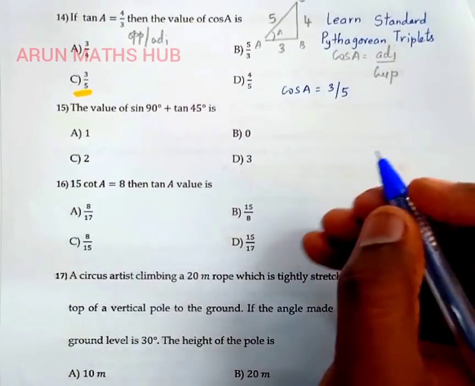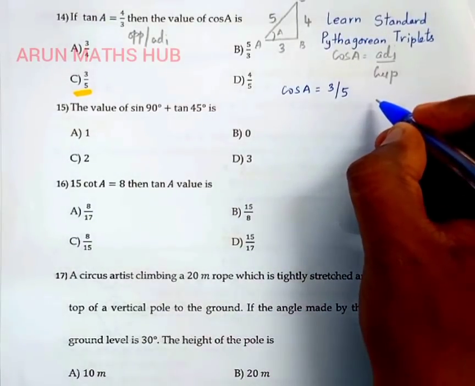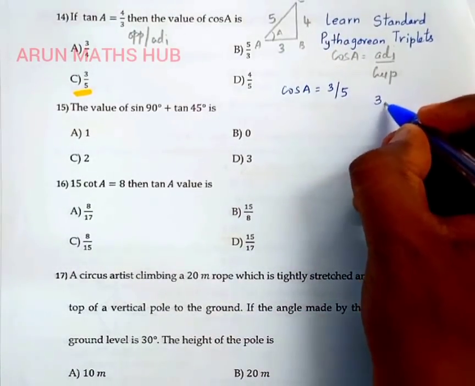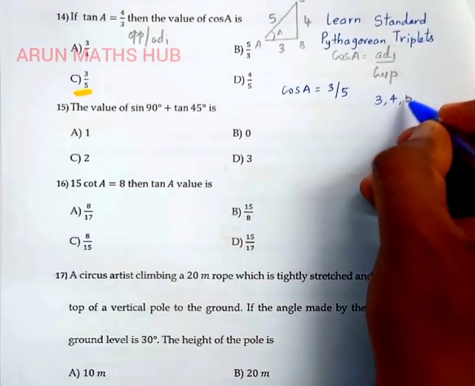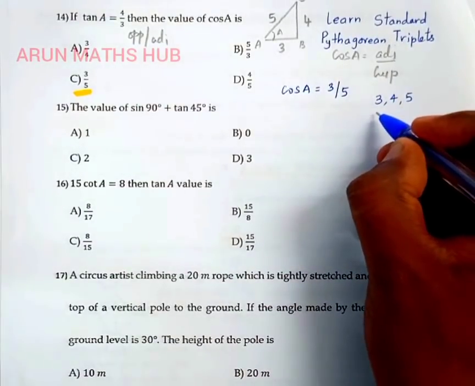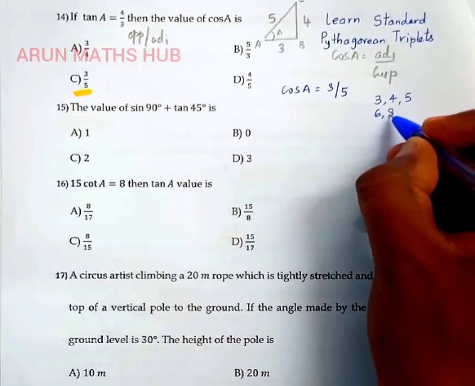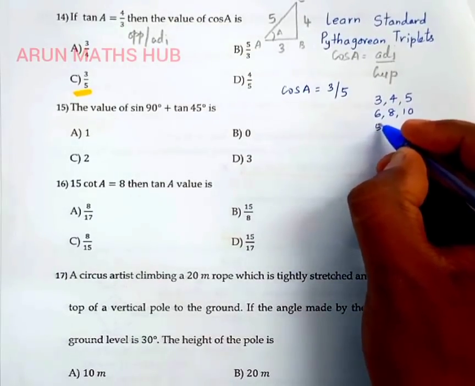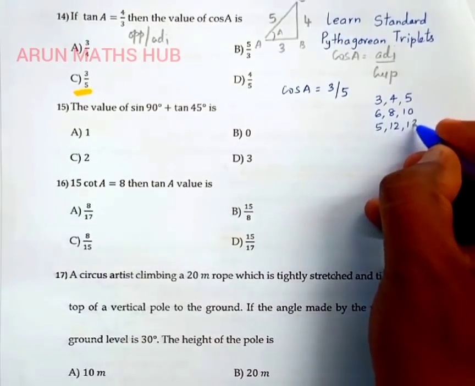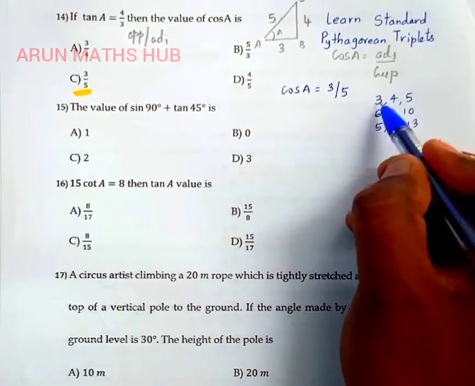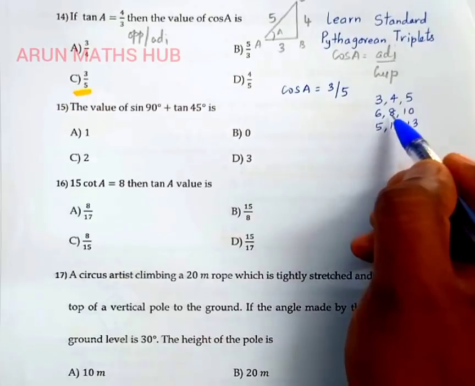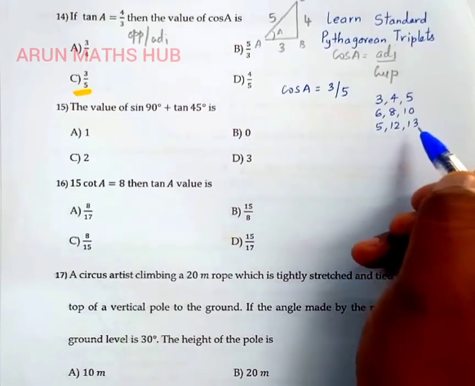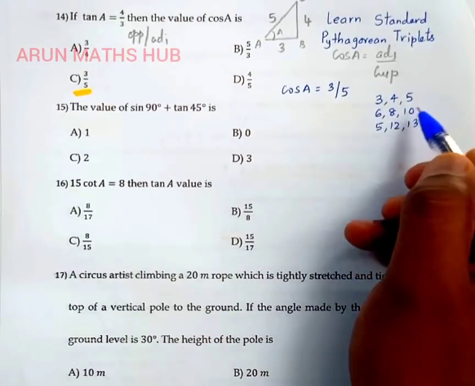If you learn Pythagorean triplets, it will be very easy to solve the questions in your exams. You can reduce the time. There are a few Pythagorean triplets like 3, 4, 5; 6, 8, 10; 5, 12, 13. That is, the square of the larger number will be equal to the sum of squares of the other two numbers.